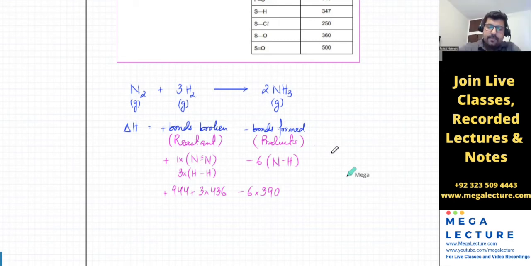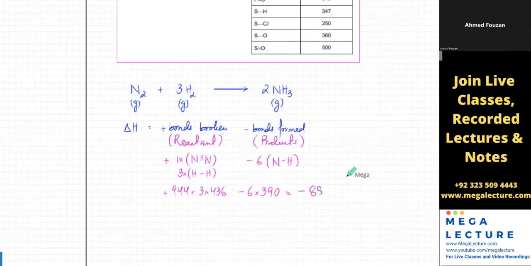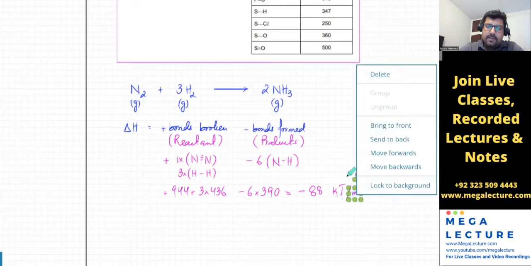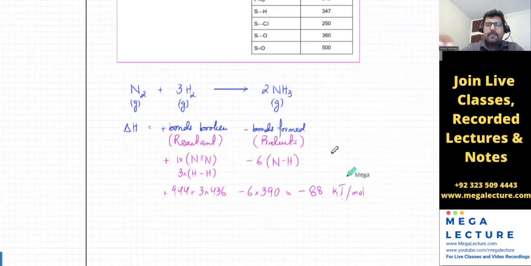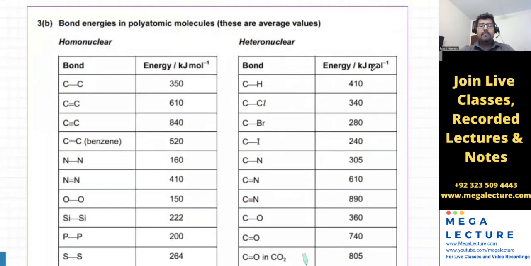Minus 88, as kilojoules per mole, okay? Make sure you get the unit right. It's given over here. Mostly it's going to be kilojoules per mole.